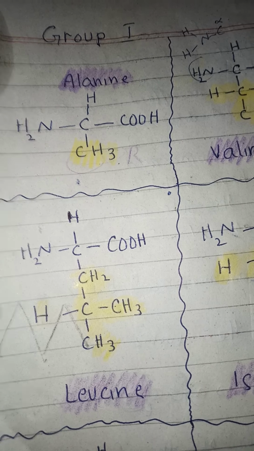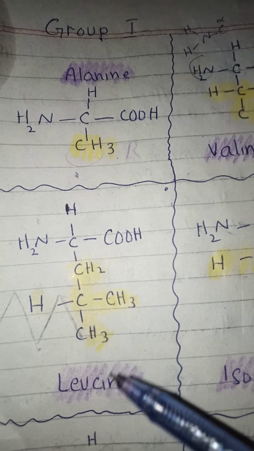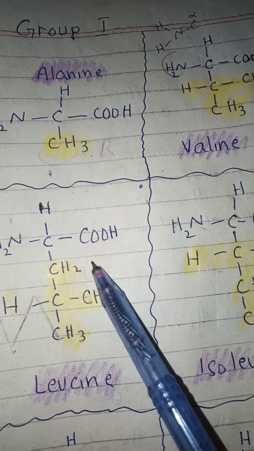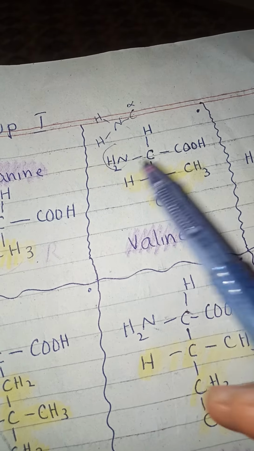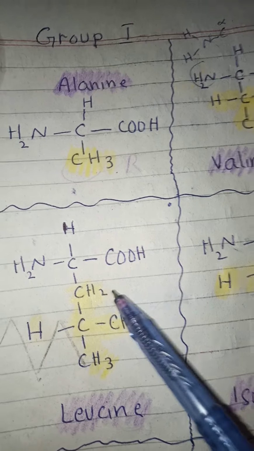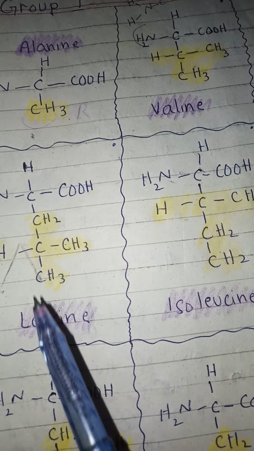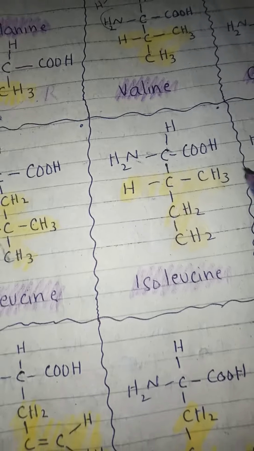Only for your convenience, to remember the structure of leucine, you can recall the structure of valine, and you can see that only this CH2 group is added to the R group. With the basic structure, just add one CH2 group, this one. And next is isoleucine. I told you that leucine and isoleucine are isomers of each other, and this is the R group of isoleucine.